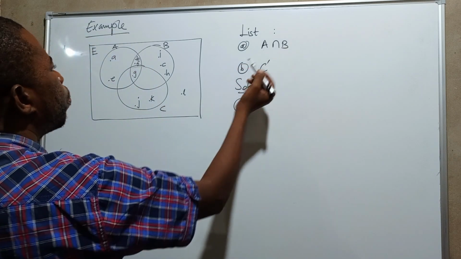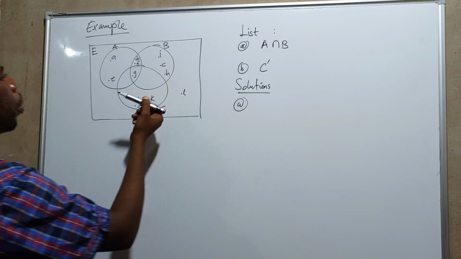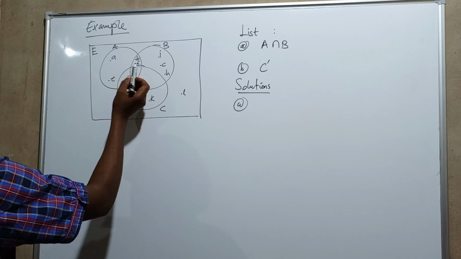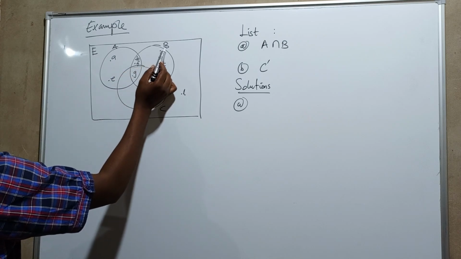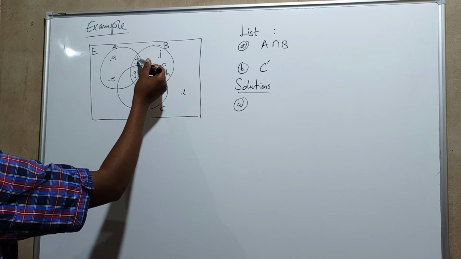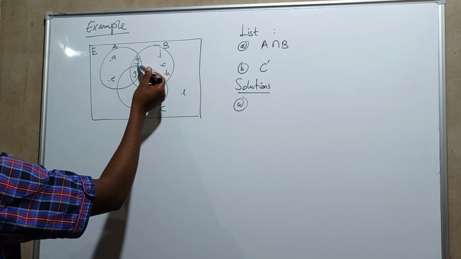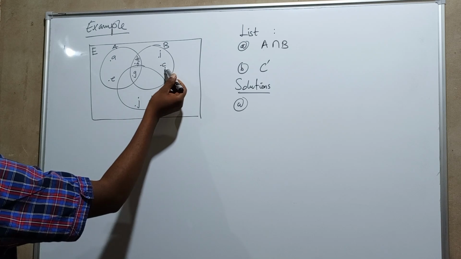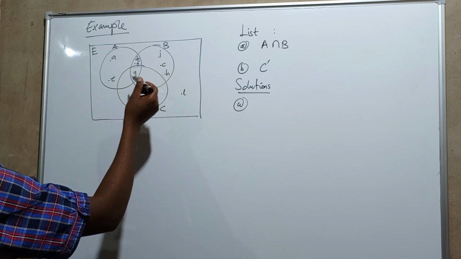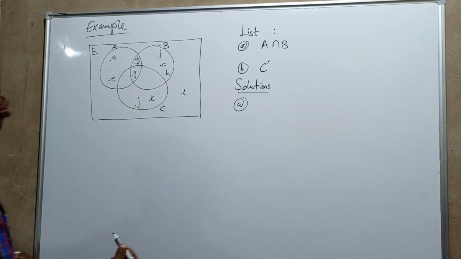A intersection B, those elements which are only intersecting B and A. Which ones are those? This is found in A and B. Also, this one is in A and B as well. And also this one is found in A and B.